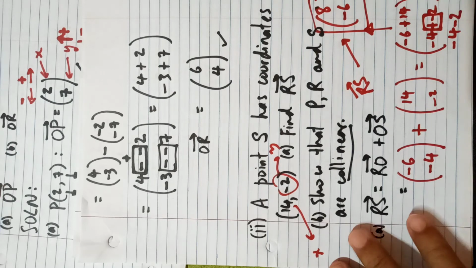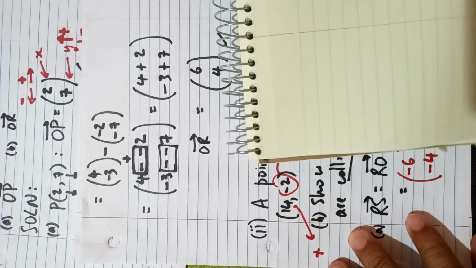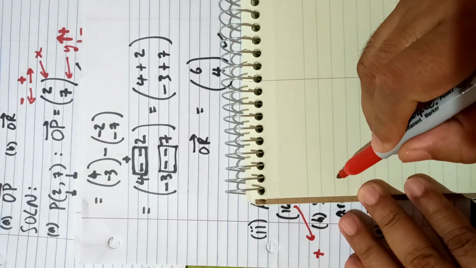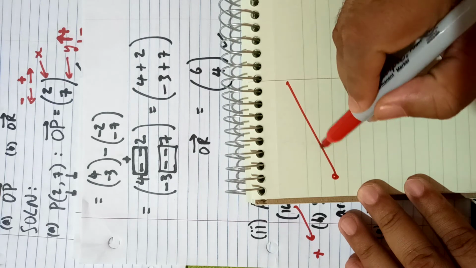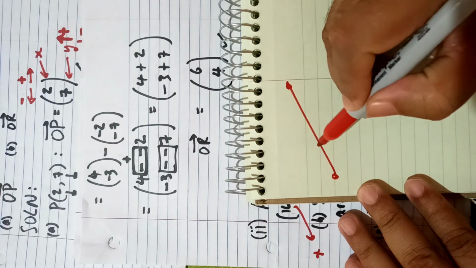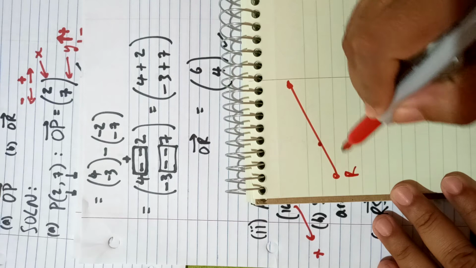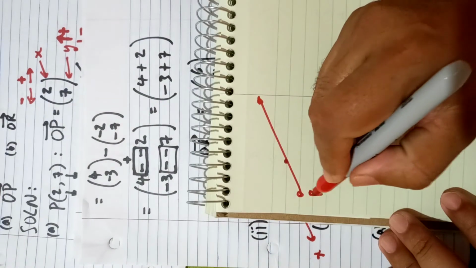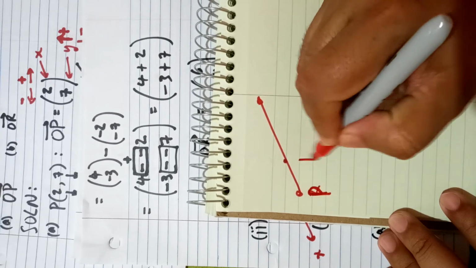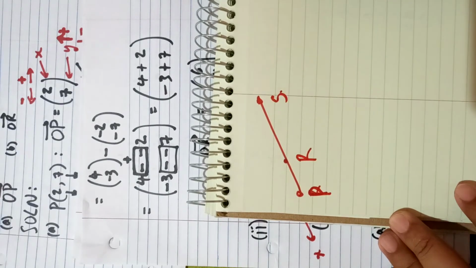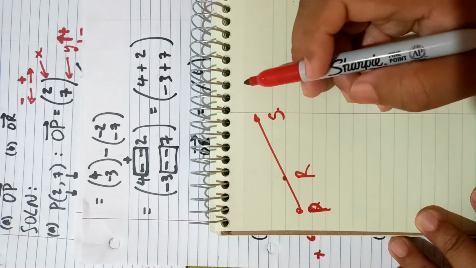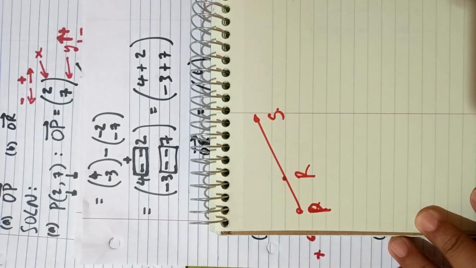All right, so we have 3 points. Let's say this is P, this is R, and this is S. What this question is asking us to prove is that these 3 points are on a straight line.